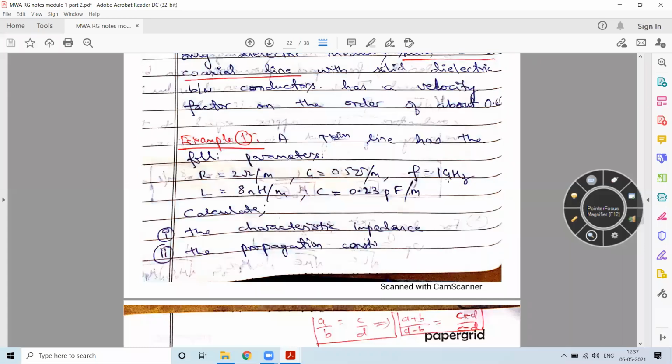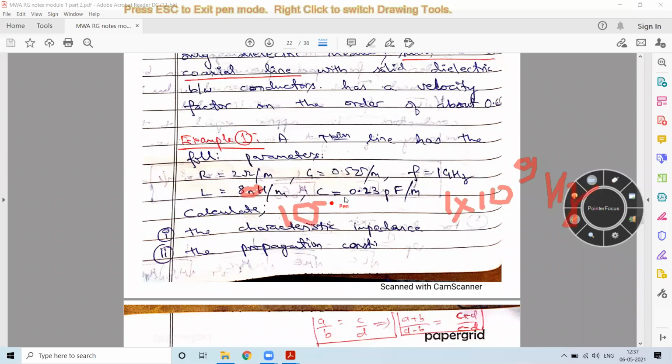So remember, 1 gigahertz will be equivalent to 1 into 10 raised to 9 hertz. Then again, nano is nothing but 10 raised to minus 9. Pico is 10 raised to minus 12.